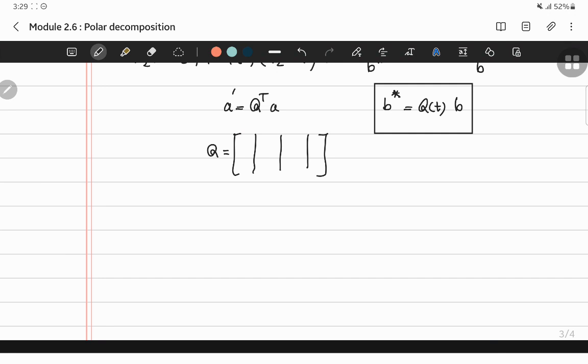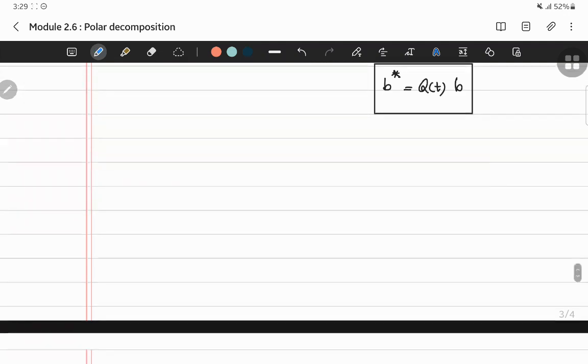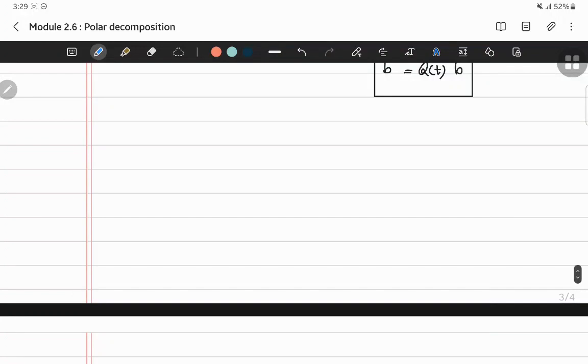But if you fill in this Q matrix horizontally, the elements, you get something like this. So this is the same as the transformation law we had in the first module.